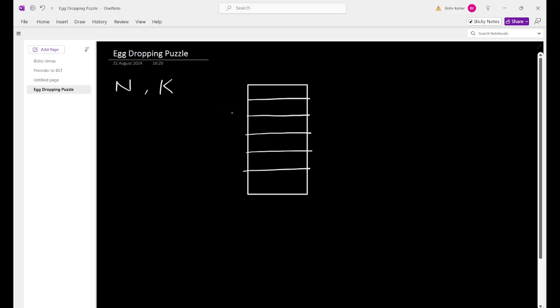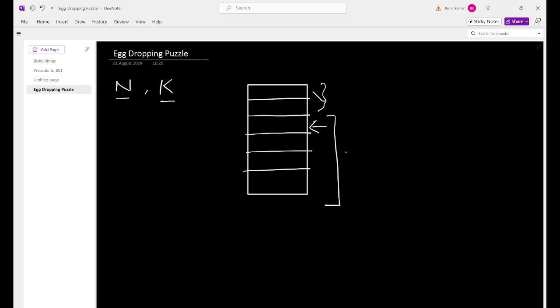Given a multi-storey building, and given n eggs and k floors, we need to find the floor above which, if we drop the egg, it will break, and from that floor and below, if we drop the egg, it will not break.